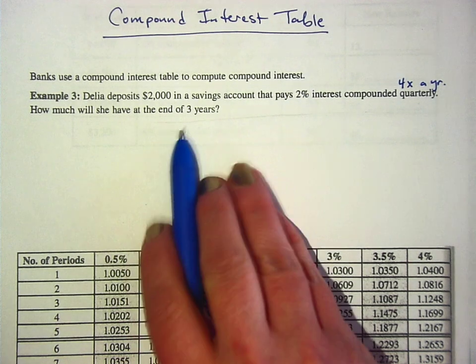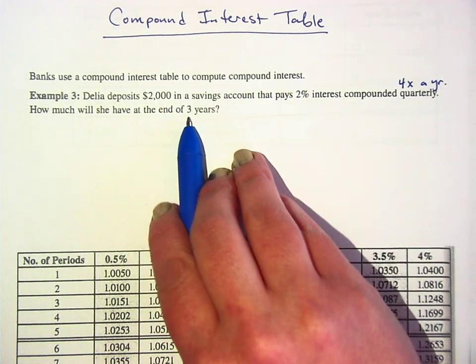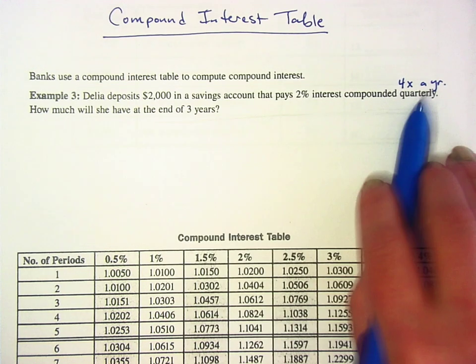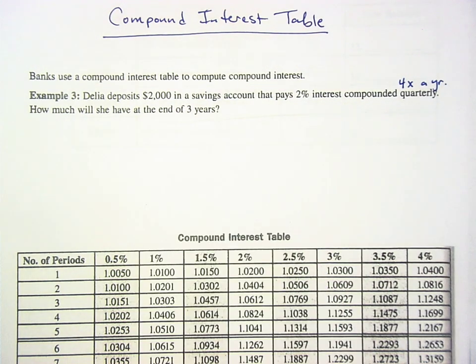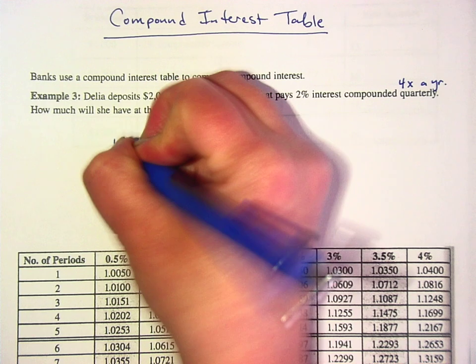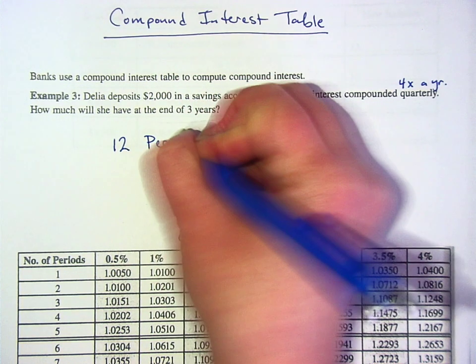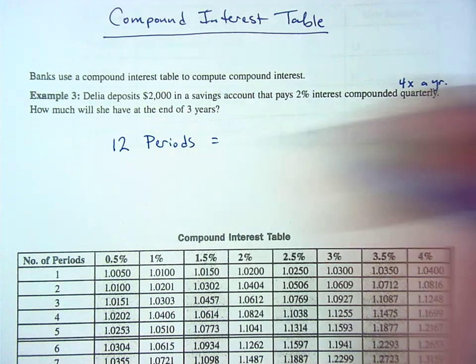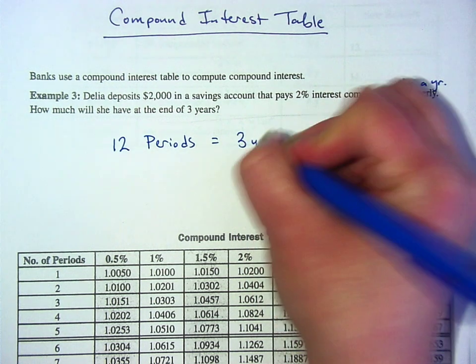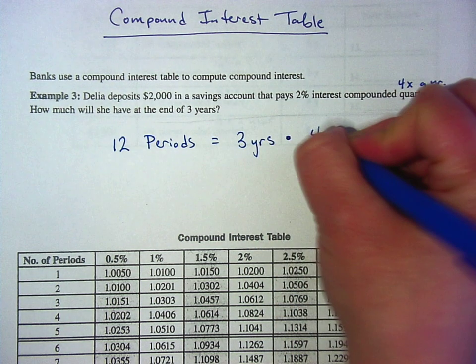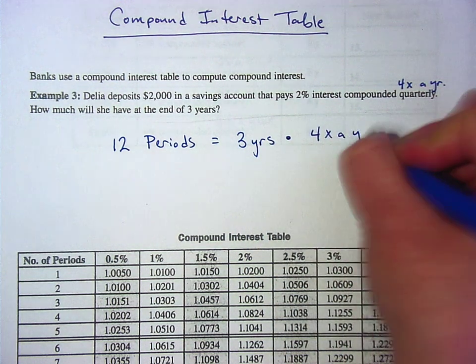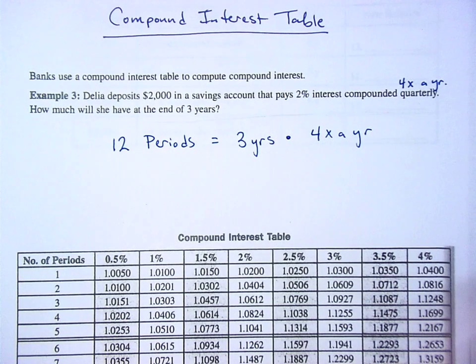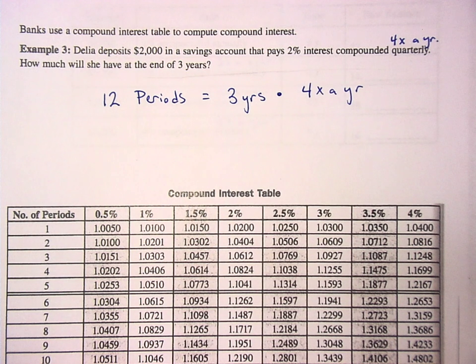So how many times has her interest compounded? It's 4 times a year, and it's 3 years. So 12 times. So I'm going to write 12 periods, which was, just in case you forget, 3 years times 4 times a year. And it's 2%.